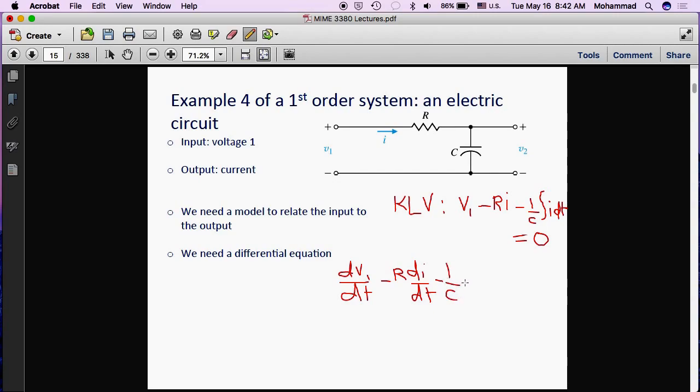What is the time differential of the integral of I with respect to t? What is d over dt of the integral? A side note here, let's review that. d over dt of the integral of I dt is equal to what?